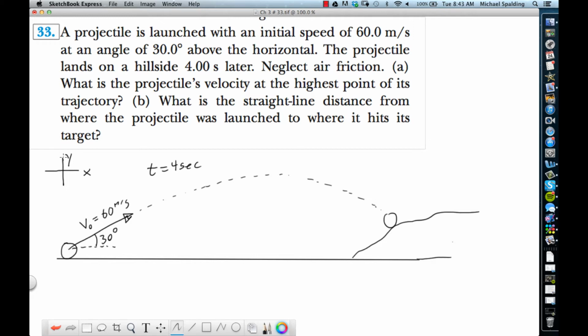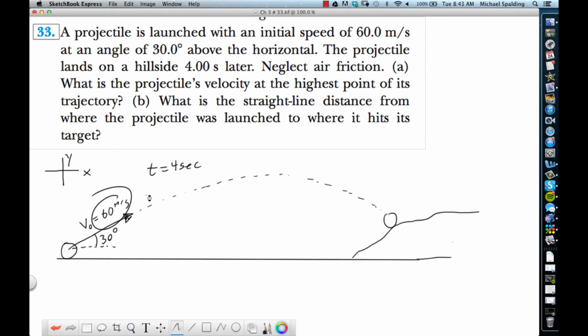Never, ever, ever would you plug the 60 meters per second into a motion equation. Why not? Does this 60 meters per second point perfectly in x? No. Does it point perfectly in y? No. It's x and y.